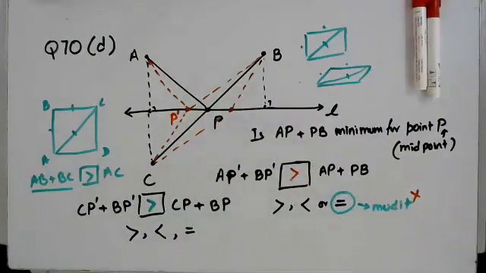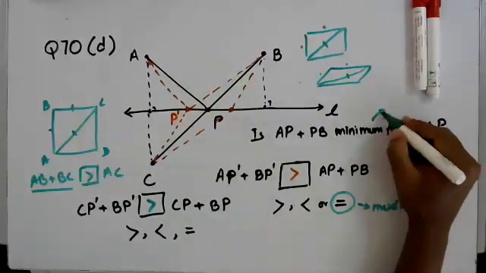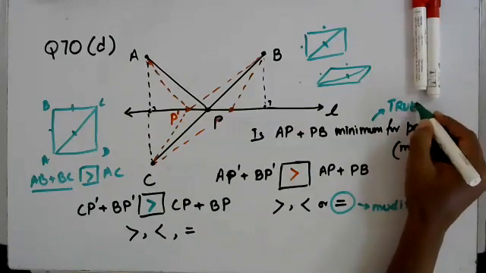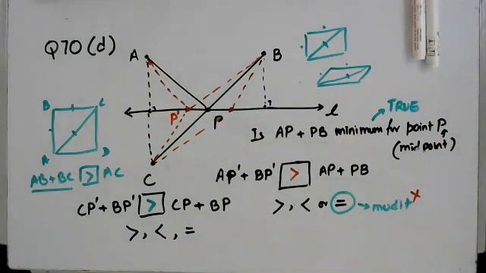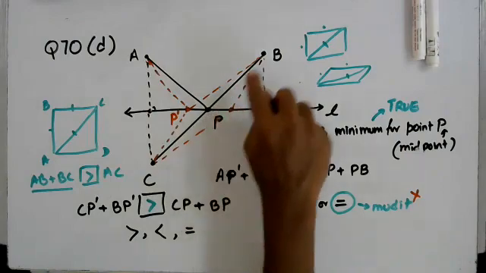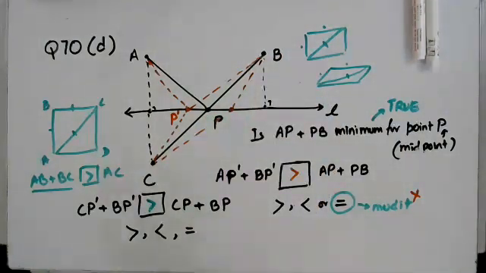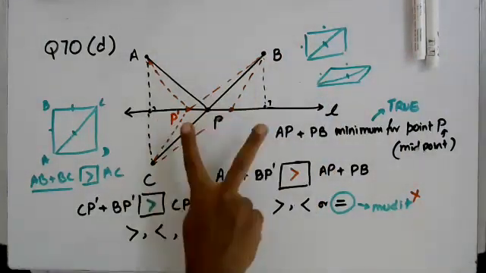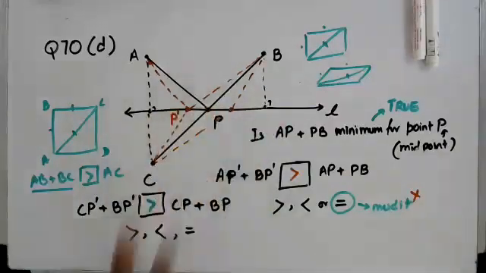Therefore this statement over here is true: AP plus PB will be minimum only if point P is in the midpoint between these two points. So that is the conclusion of the problem.